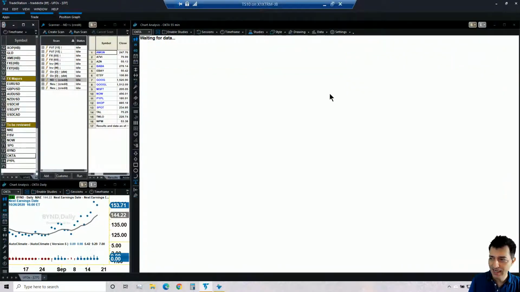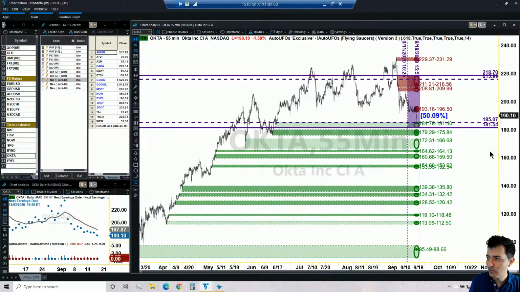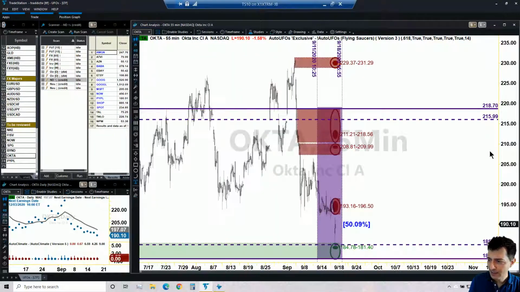Okta. Let's see what happened with Okta, because that one, given the violent volatility in the market, is kind of a bit challenging. Now, thanks to those UFOs, thank you very much, Mr. UFO. The market was gapping down very aggressively, and that UFO is bringing the price back up.